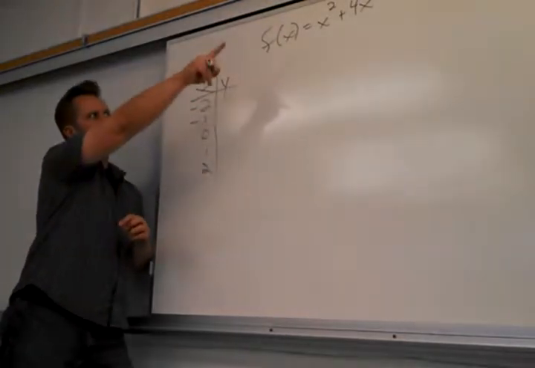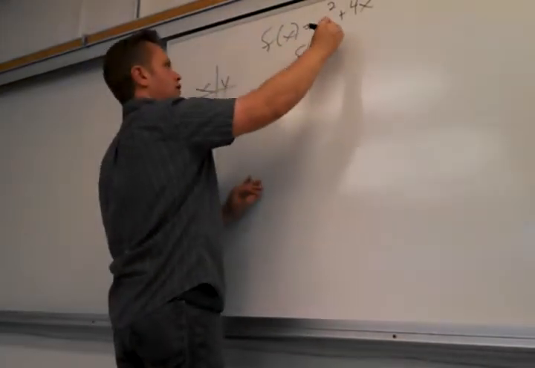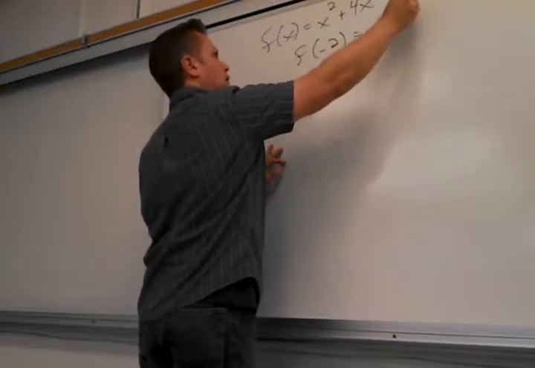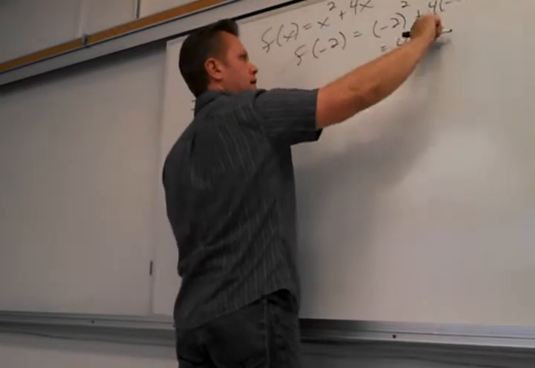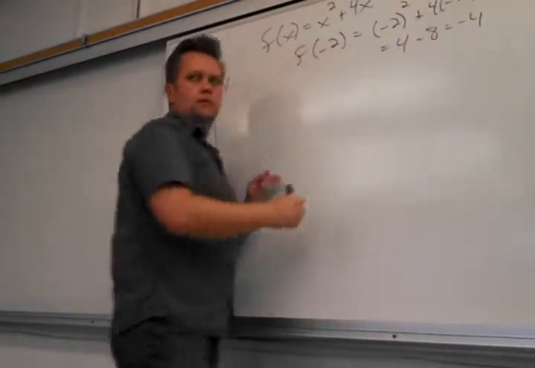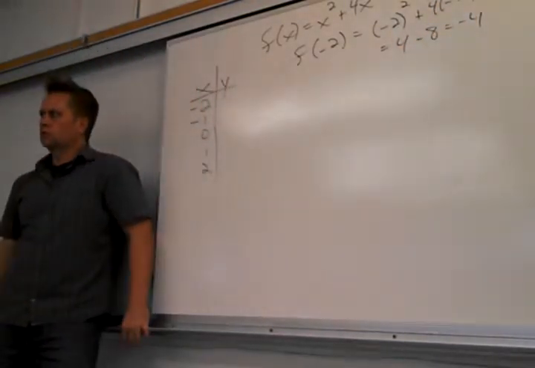Well, what do I get when I plug a -2 in there? What's f of -2? Minus 4. Good. So you get 4 minus 8. -4, cool.